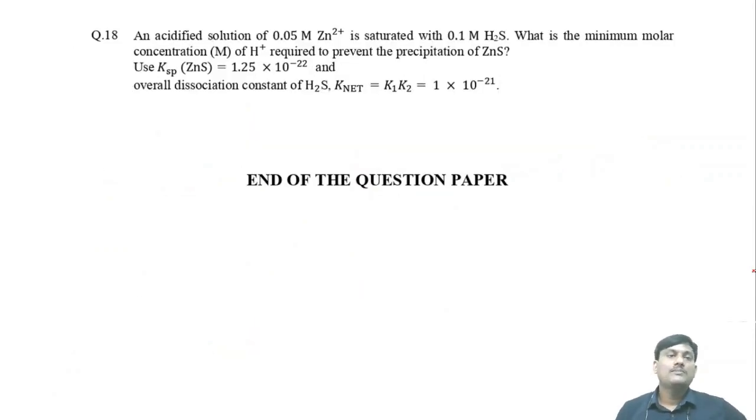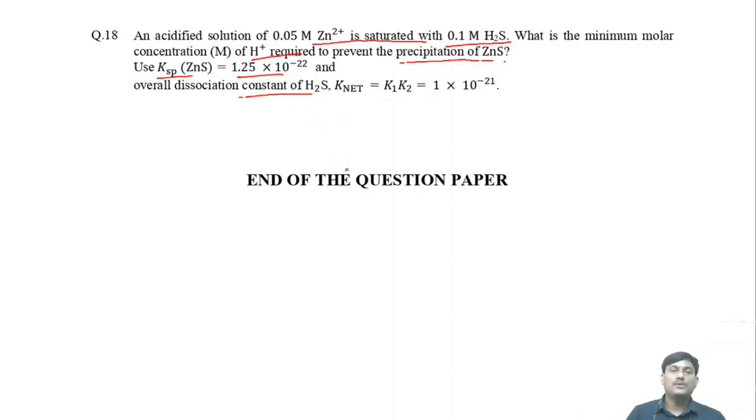The last question. An acidified solution of 0.05 molar Zn2 plus is saturated with 0.1 molar H2S. What is the minimum molar concentration of H plus required to prevent the precipitation of ZnS? Ksp value is given and overall dissociation constant is given.